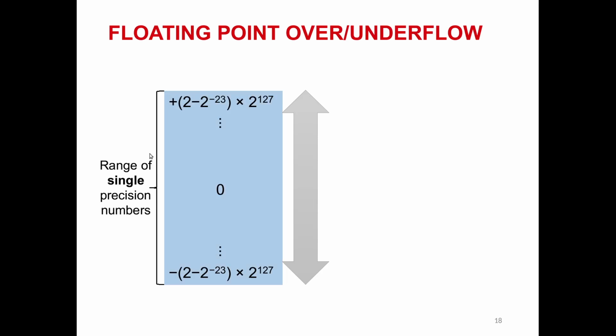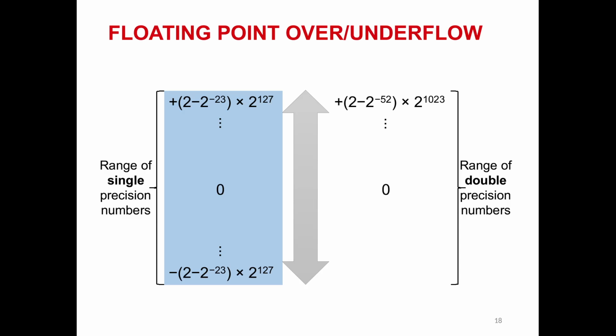For the single precision number, the biggest number that the floating point can represent is 2 minus 2 power minus 23, multiplied with 2 power 127, and the smallest number in negative sign is minus 2 power minus 23 by 2 power 127.